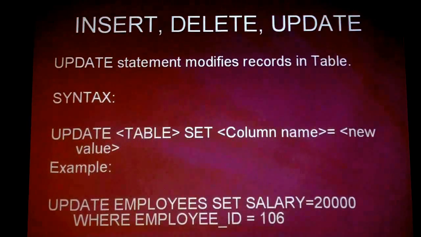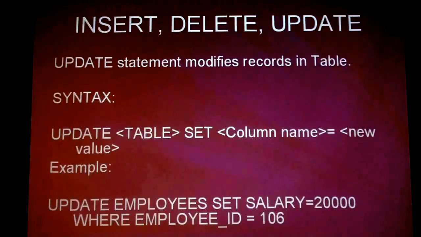The update statement does not create new records, but it updates some values in the fields. The syntax of that command is the following: update, you specify the table name, and then you have the keyword set, and here you specify the field name and the new value which you are going to insert. For example, if a person gets a promotion, then we have to update the salary field, right?